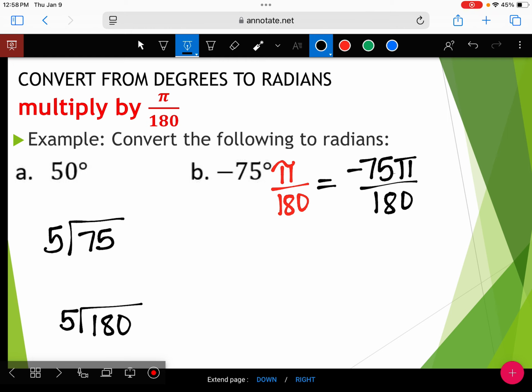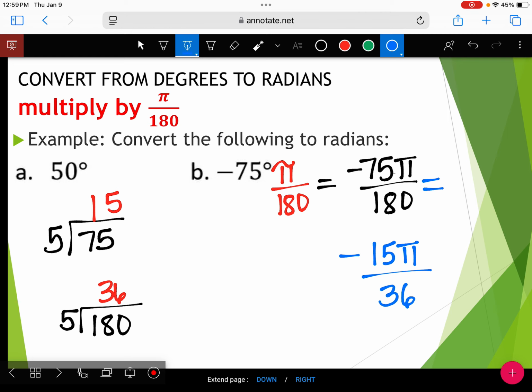How many times was 5 going into 75? 15. Who got 15 times? All right, that's what I got. How many times does 5 go into 180? 36. So now we have reduced this down to negative 15 pi over 36.